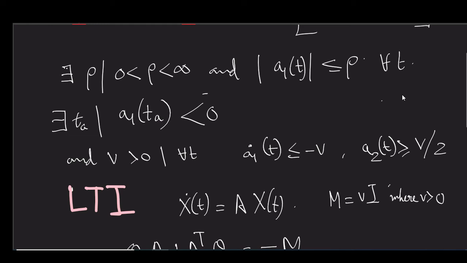Now we will see that it is easy for us to check the assumptions, and with the conditions imposed on a1(t) and a2(t), we can verify the state equation is not uniformly stable.